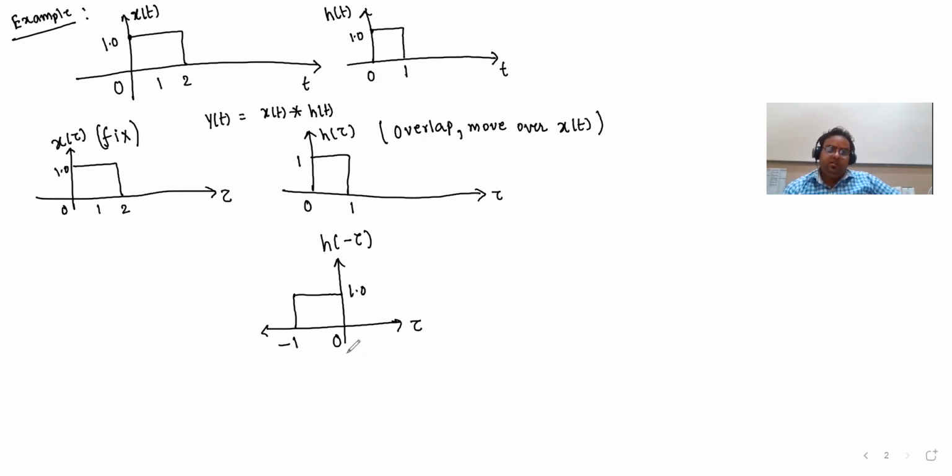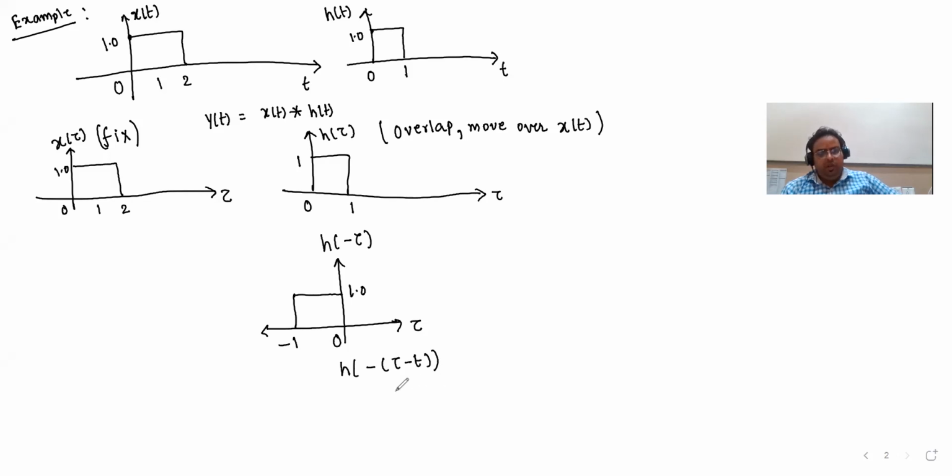Then the third step, and that is the important one. What we do here is tau minus t.